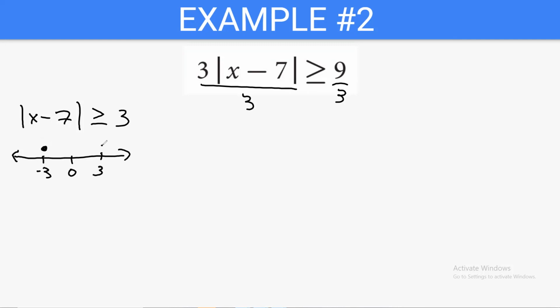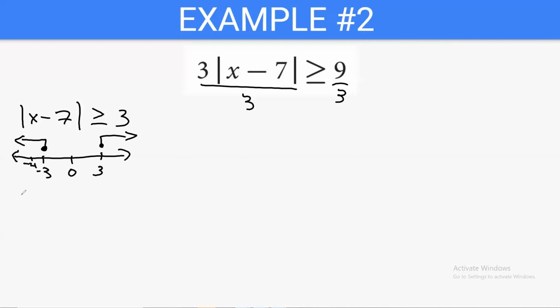Since it's equal to, it's going to be a closed circle here and here. And it's going to be moving away from each other, right? Because this distance is, let's say that's -4. -4, the distance away from 0 is 4. And it's greater than 3. Yeah. And so on and so forth. You guys can think of it like that.